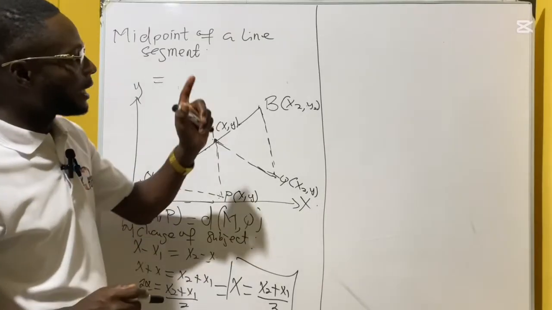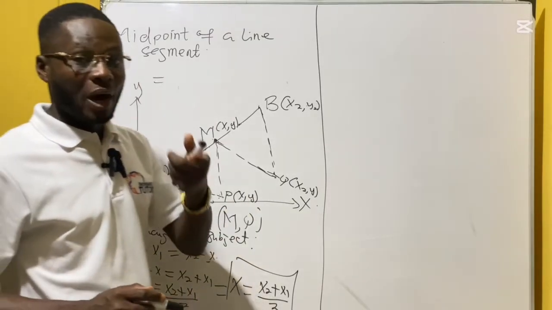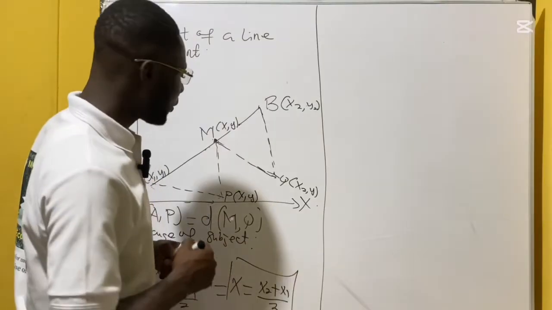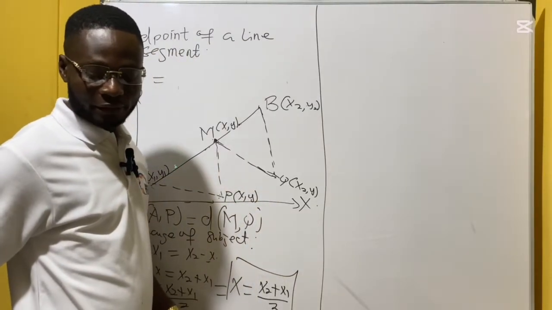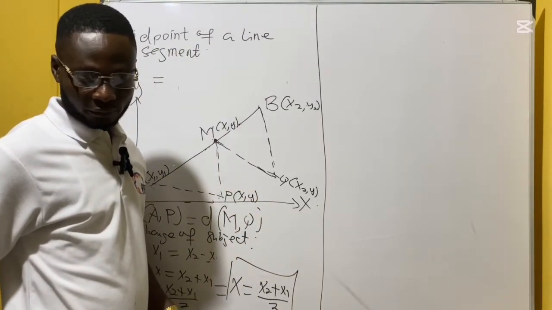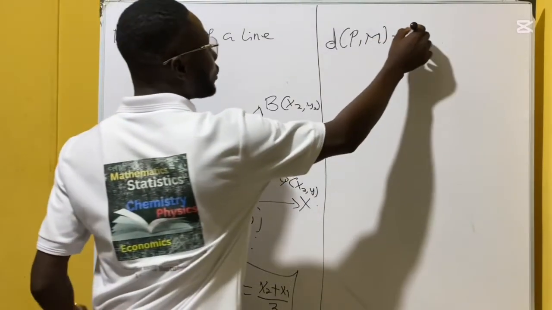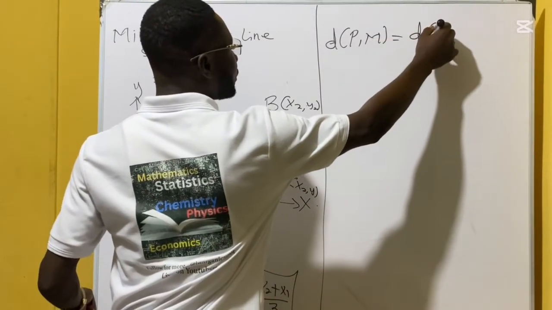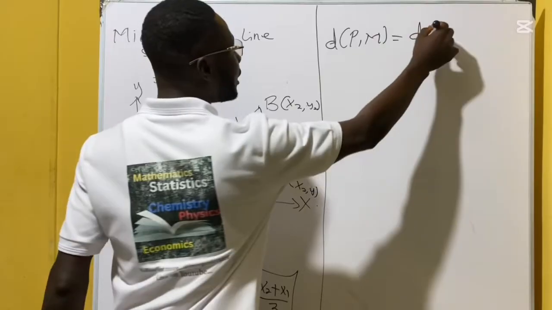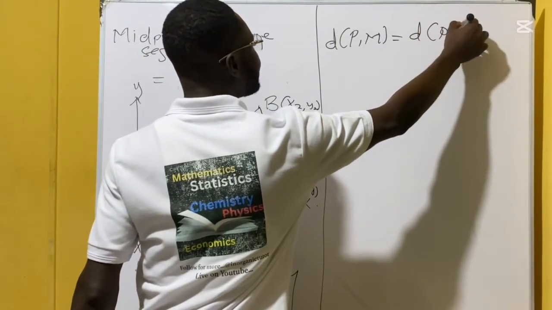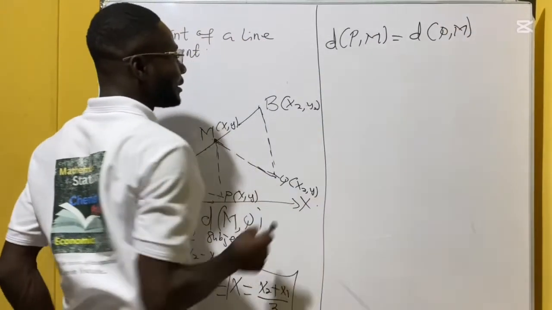Okay, now let's look at the y coordinate. So the y coordinate will basically be equal to the distance of Q and M, right?